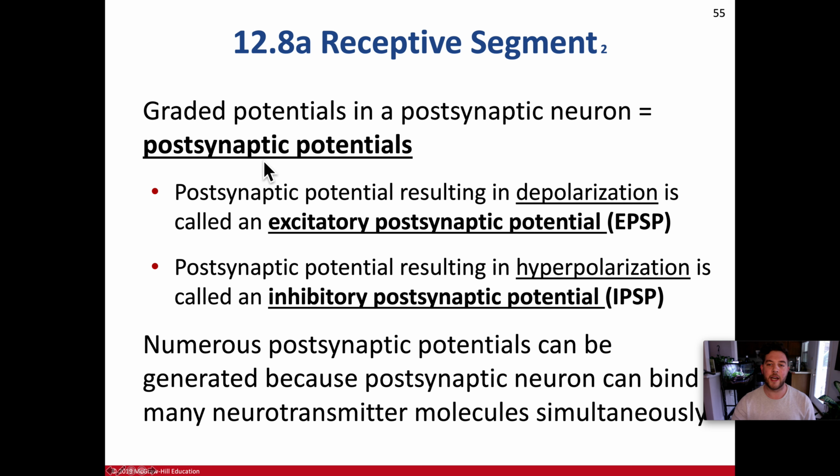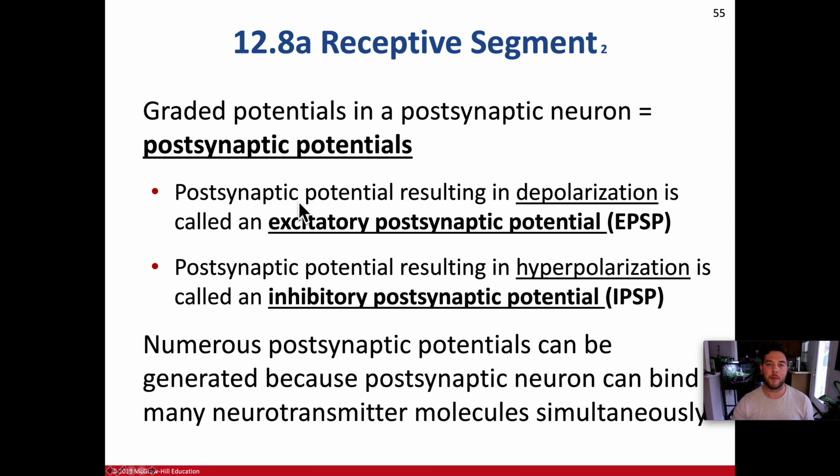So we can talk about, in the postsynaptic neuron, the postsynaptic potentials. There are two different postsynaptic potentials. Remember, a synapse is where two neurons meet. So the postsynaptic potential is talking about the neuron that is receiving the signal. So you can have an excitatory postsynaptic potential, an EPSP, or an inhibitory postsynaptic potential, an IPSP.